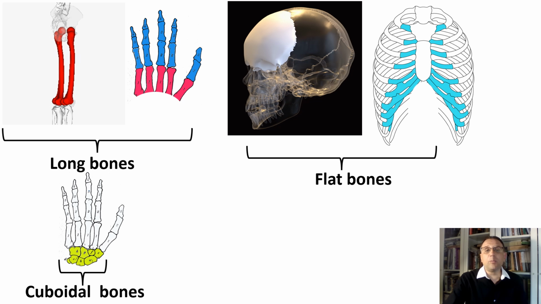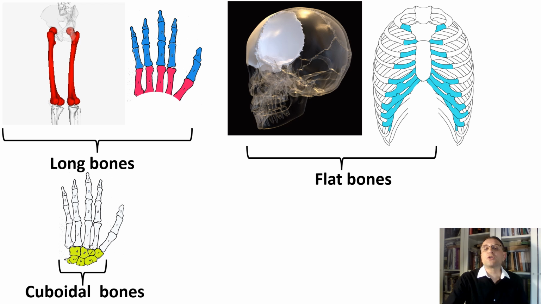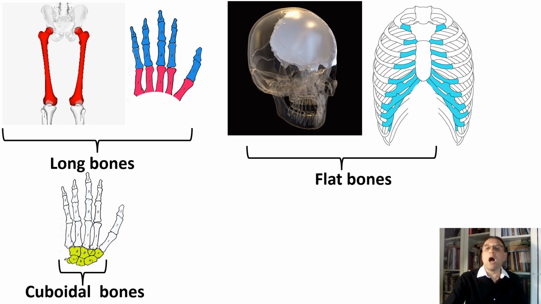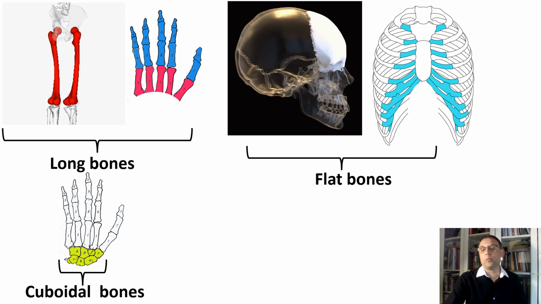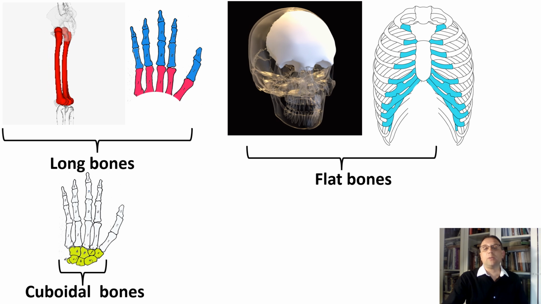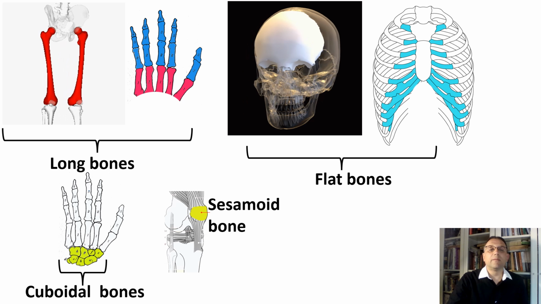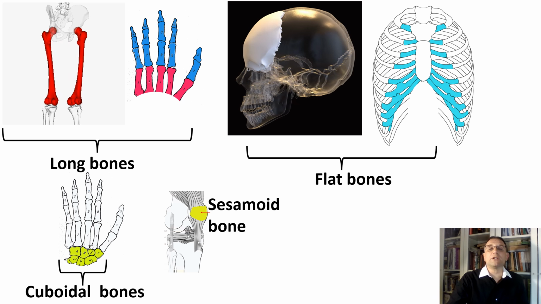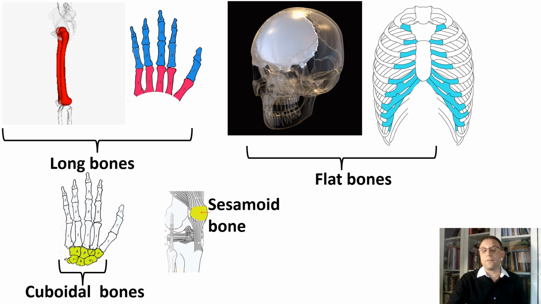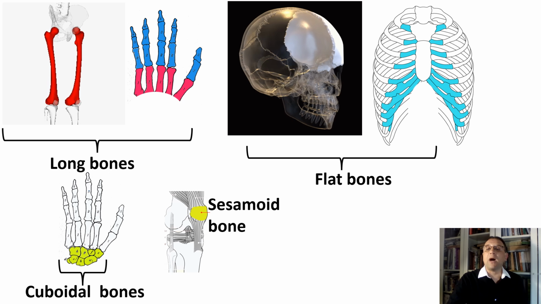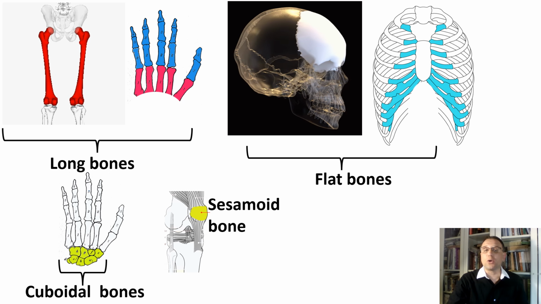There are cuboidal bones. For example, carpal bones, also known as the wrist bones, are cuboidal bones since they have a cube-like shape. Also, cuboidal bones connect the foot and the ankle. Sesamoid bones are small bones that are commonly found embedded within a muscle or tendon near joint surfaces.